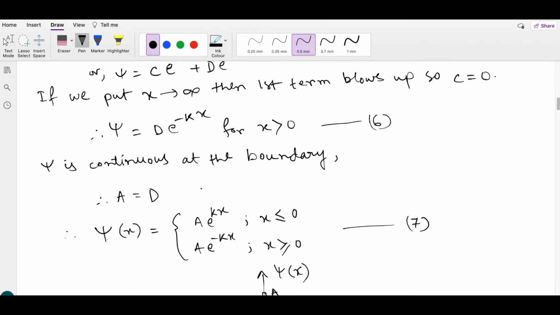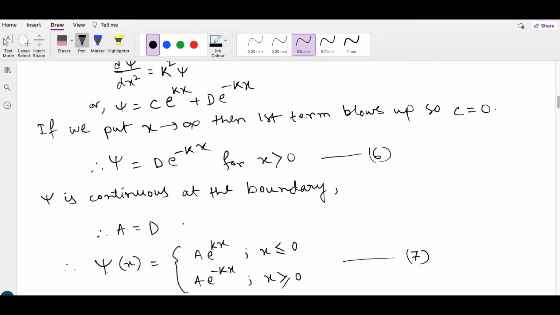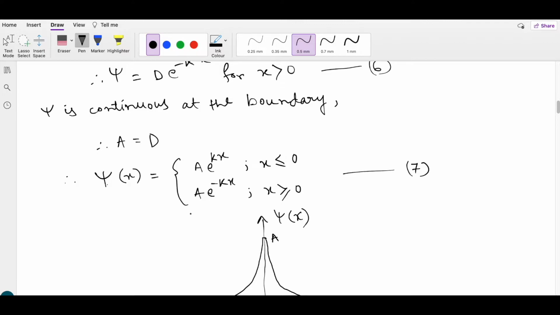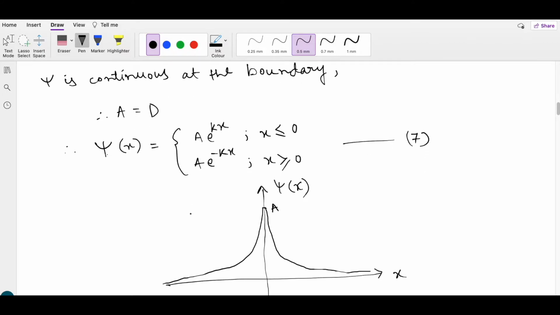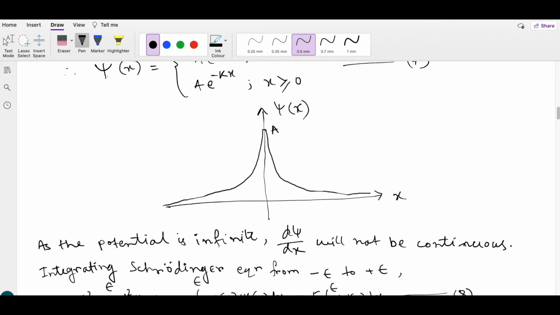And we know that ψ is continuous at the boundary, so from equations 6 and 5 we get A = D. So ψ(x) becomes A e^(kx) for x less than or equal to 0 and A e^(-kx) for x greater than or equal to 0, and the solution looks like this.